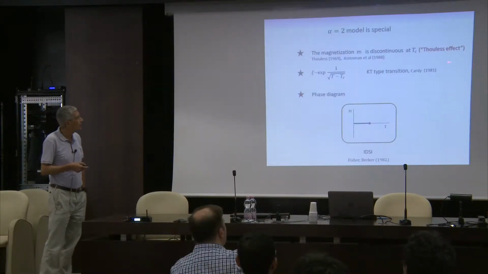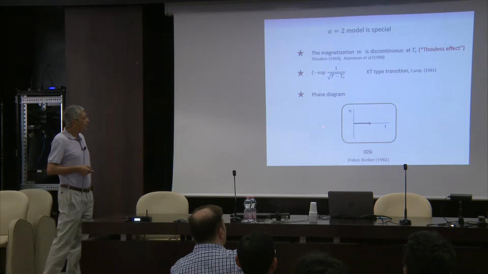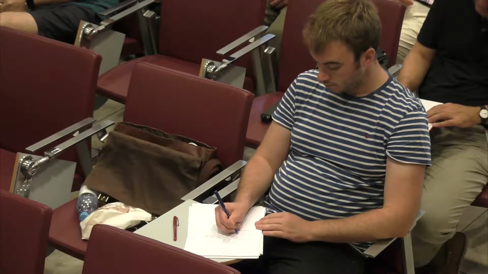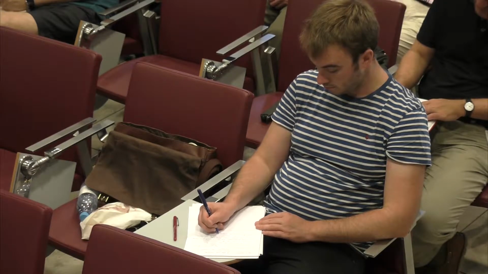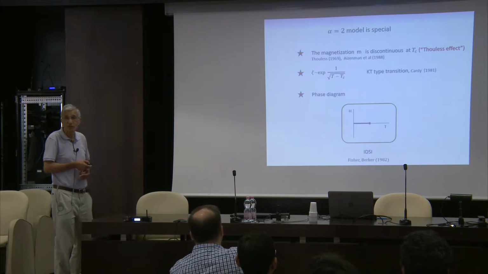The correlation length diverges exponentially, e to the 1 over square root of T minus Tc. This is some RG argument by Cardy. And the phase diagram is like that. If you take the model at magnetic field and temperature, it has a phase diagram like a simple Ising model, second order phase transition, except that at this point the transition is first order.